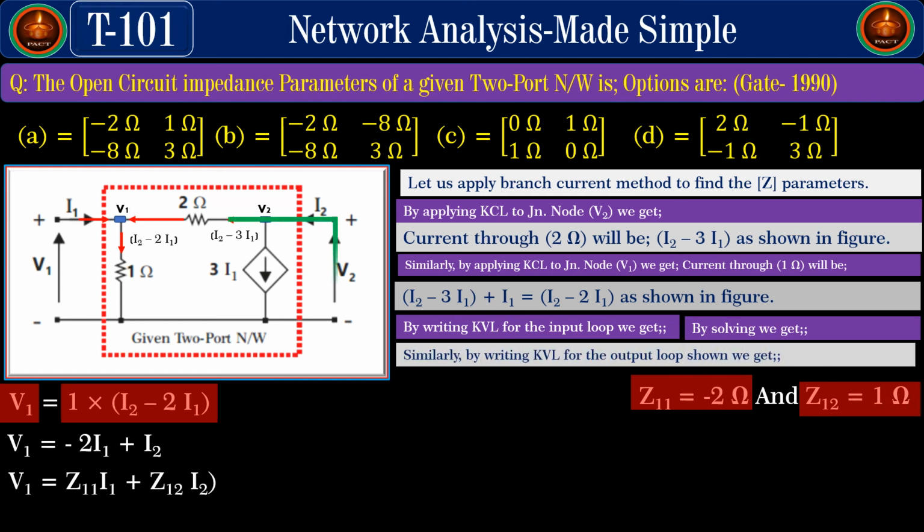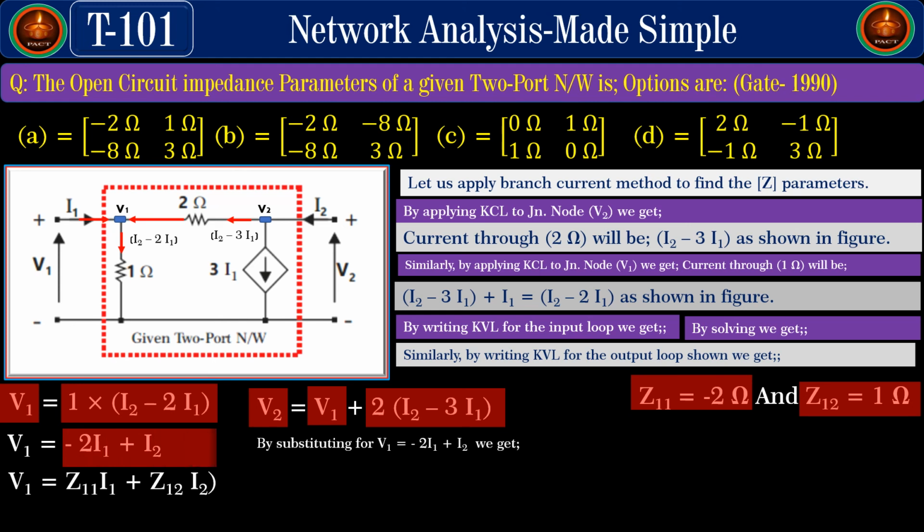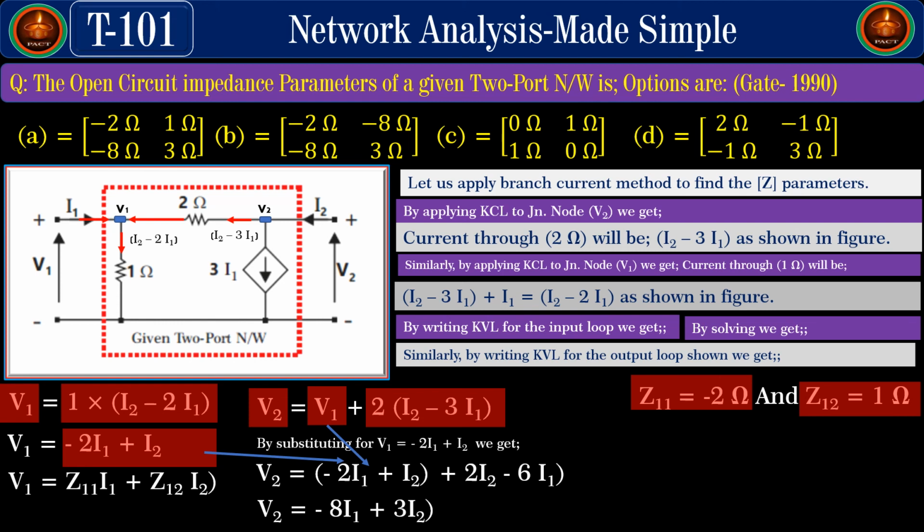Similarly, by writing the KVL for the outer loop, we get V2 is equal to V1 plus 2 into (I2 minus 3I1). By substituting V1 is equal to minus 2I1 plus I2 and solving, we get V2 is equal to minus 8I1 plus 3I2.